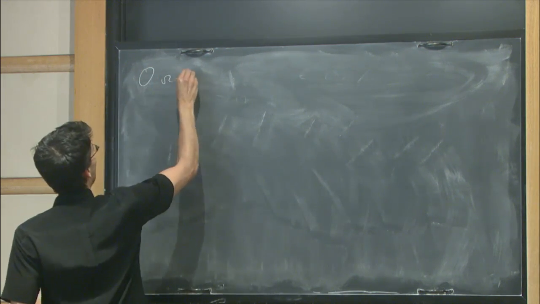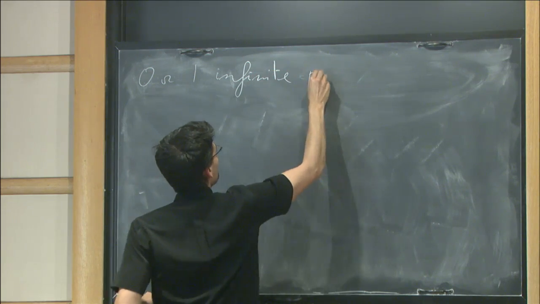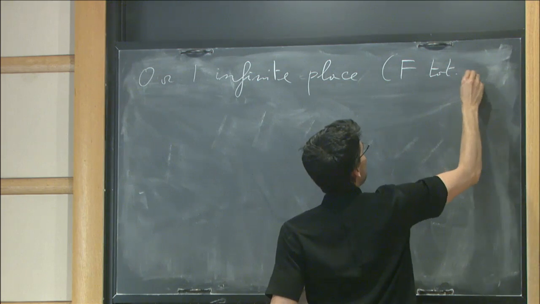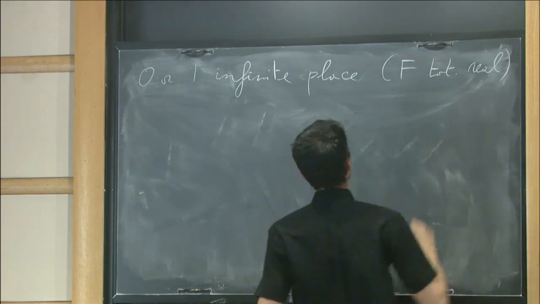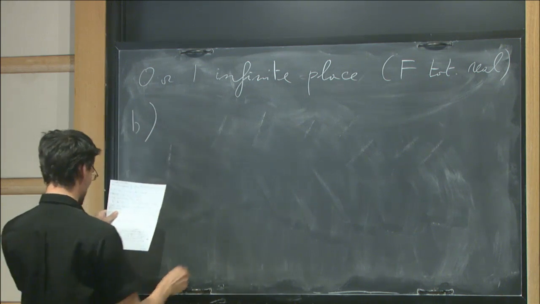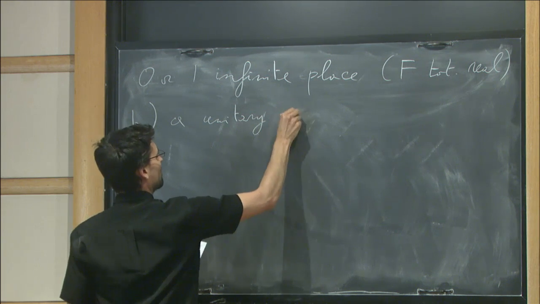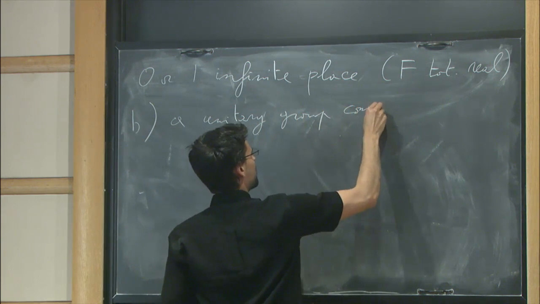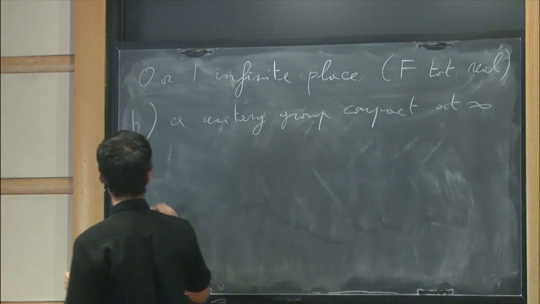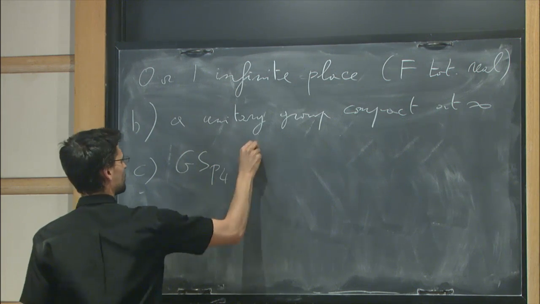So at 0 or 1 infinite place. And F is totally real. So note that GL2 over Q is OK. Another case, the reductive group G could also be a unitary group compact at infinity. Or C, GSp4 over Q.